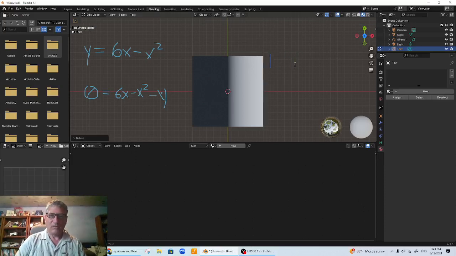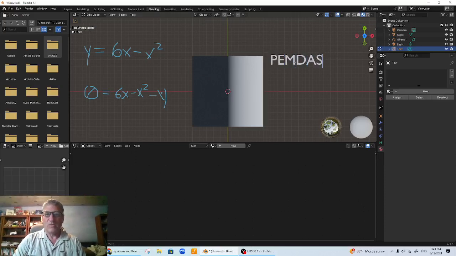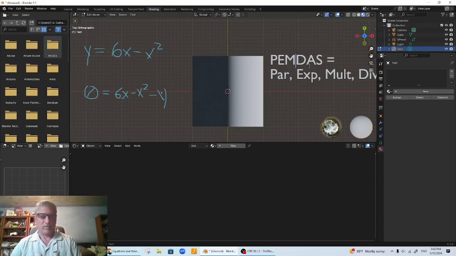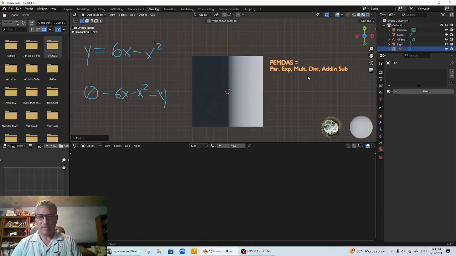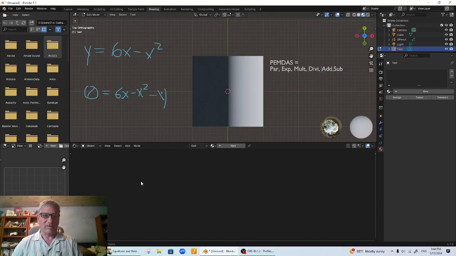So we're using PEMDAS: parentheses, then exponents, then multiplication, then division, then adding, and then subtraction. That's the order that we want to do it in. So that's the order of operations that you want to put into this.